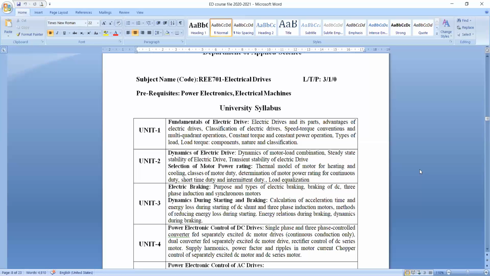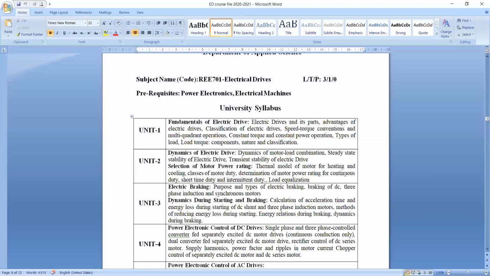In unit 3, we will be learning about the basics of electrical braking. What is the purpose of electrical braking? Why do we require electrical braking? What are the advantages of electrical braking over mechanical or normal braking?